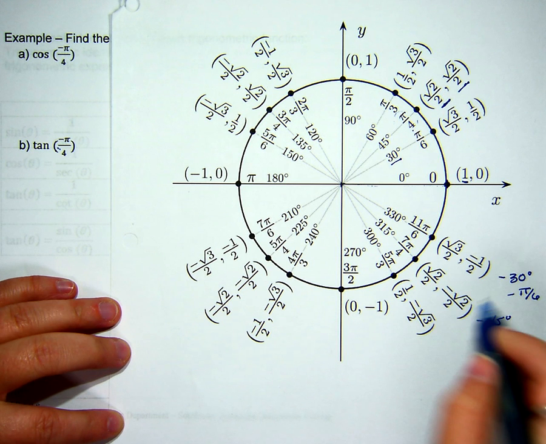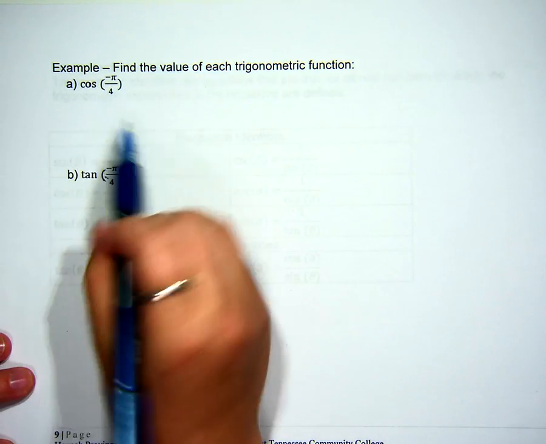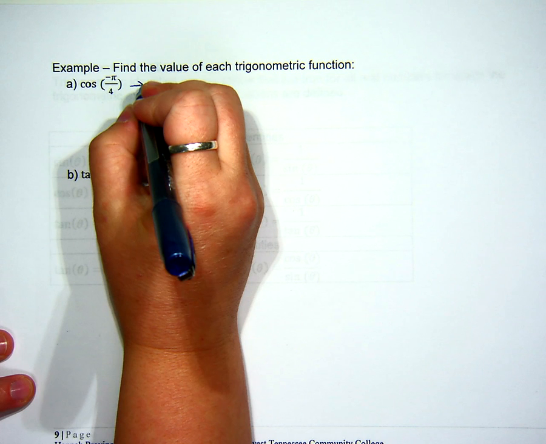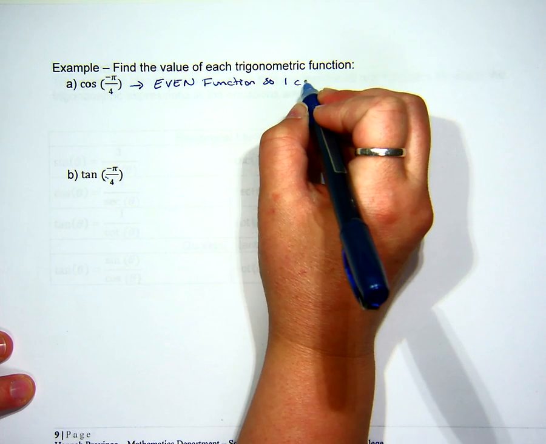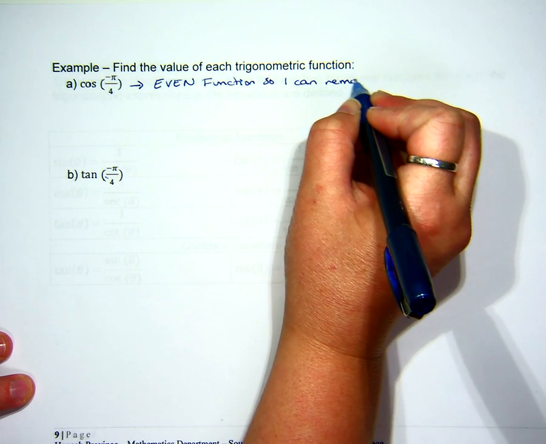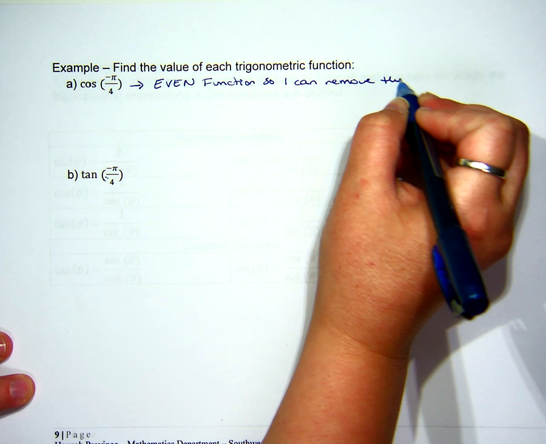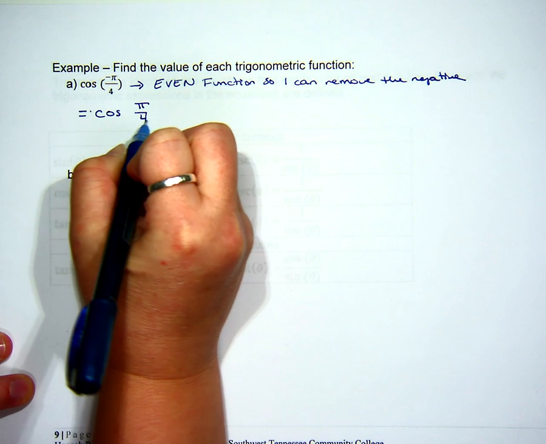Now, if I want to find cosine of negative pi over 4, cosine is even. This is an even function, so I can remove the negative. So that means that this is cosine of pi over 4.